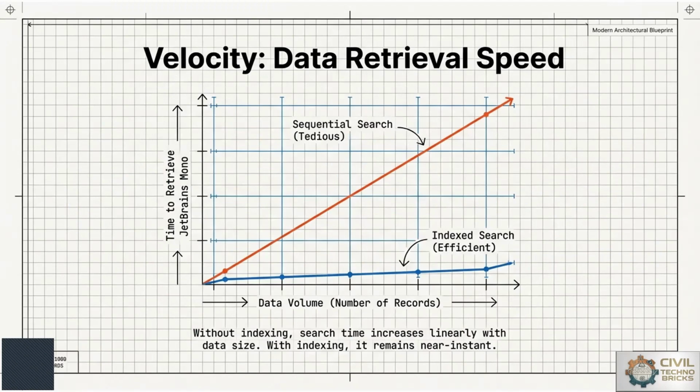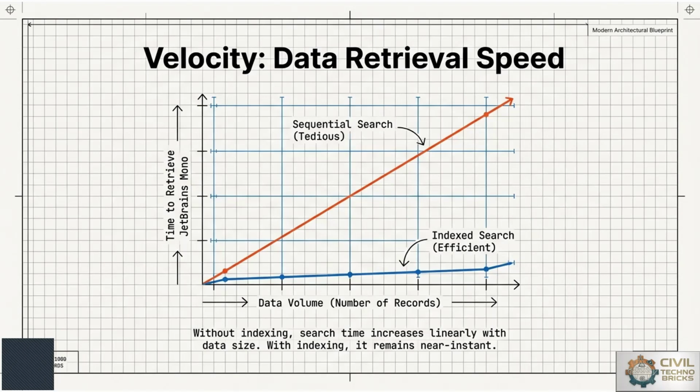The slide is a graphical representation with data volume, in number of records, on the x-axis and time to retrieve on the y-axis, where the orange line is the sequential search, which is a more tedious process, while the blue line is the index search, which is the most efficient one.